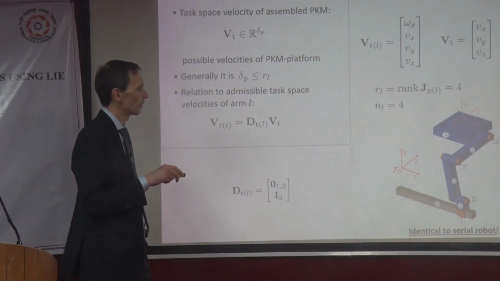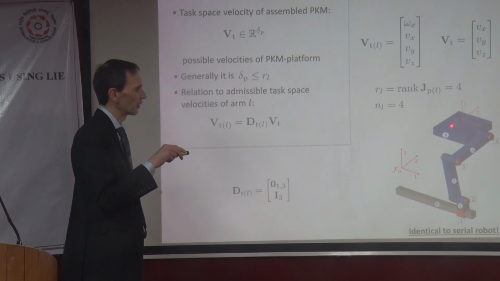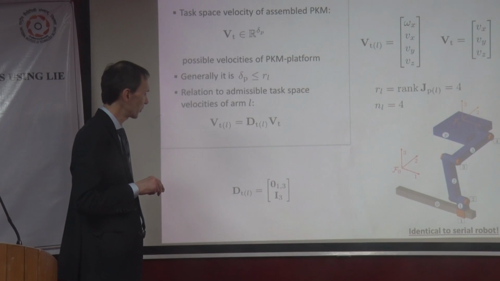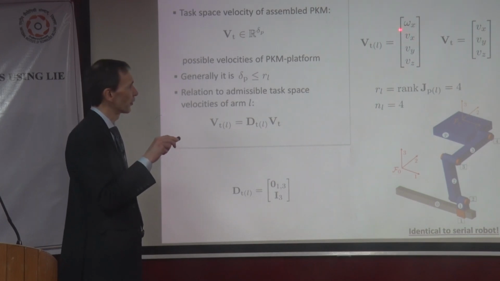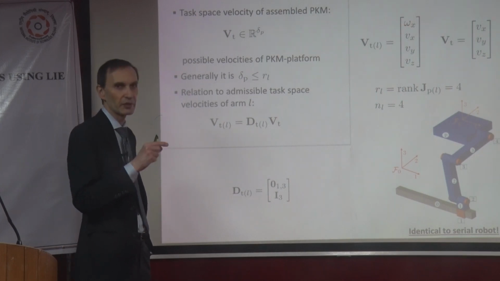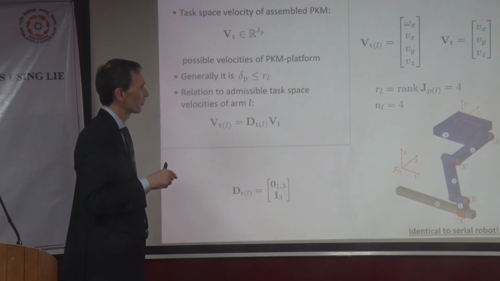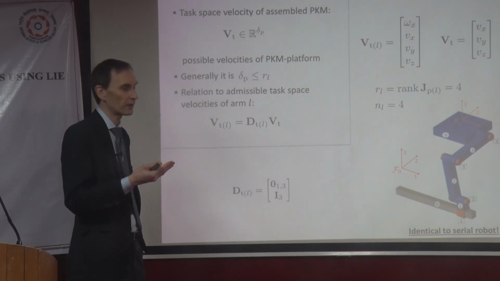Now we concluded that the platform of the separated limb can have the 4 velocity components. We also concluded that the first one is not possible when the PKM is assembled, which means that we have to have some sort of a restriction.